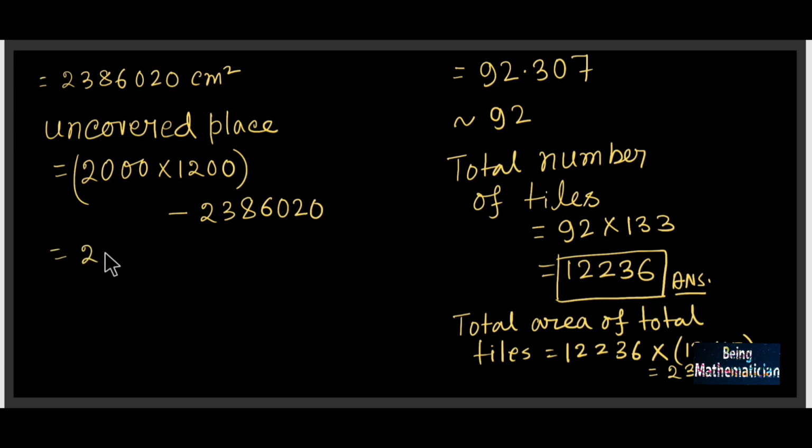And it is 24 followed by 5 zeros, so 1 2 3 4 5, minus 2386020.